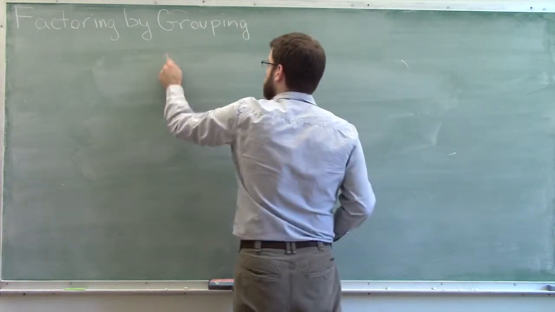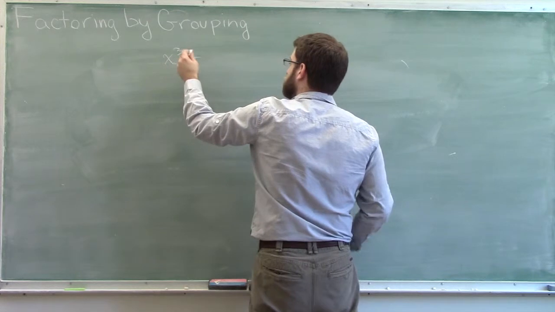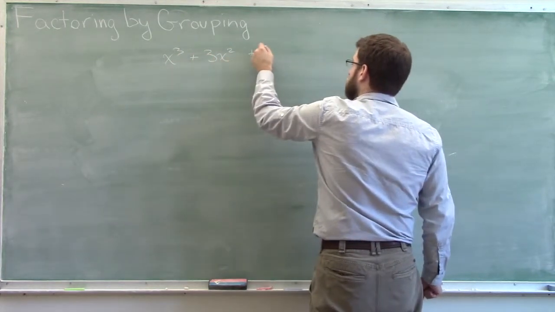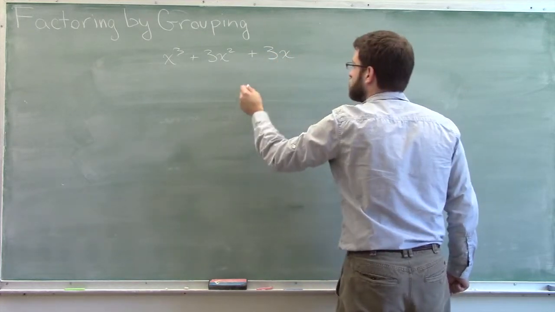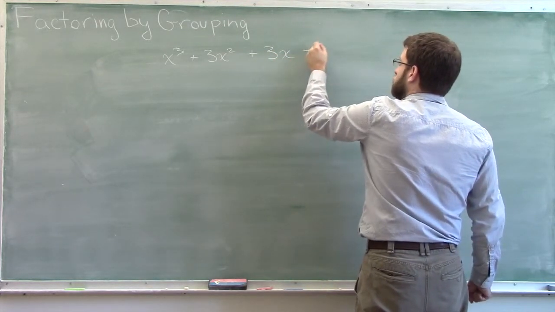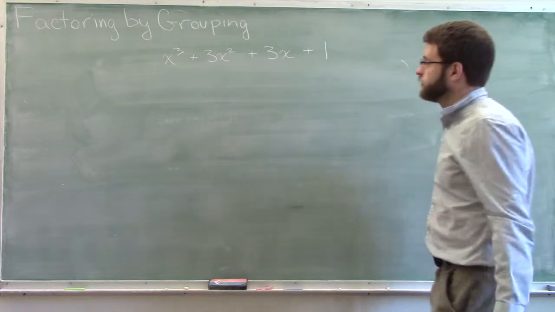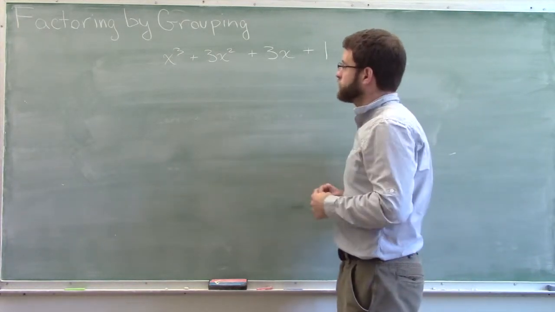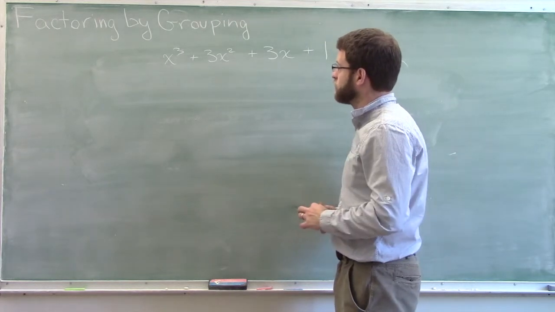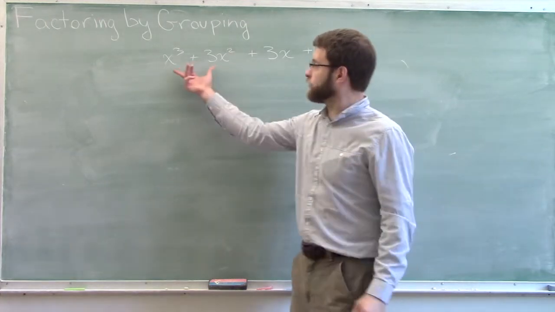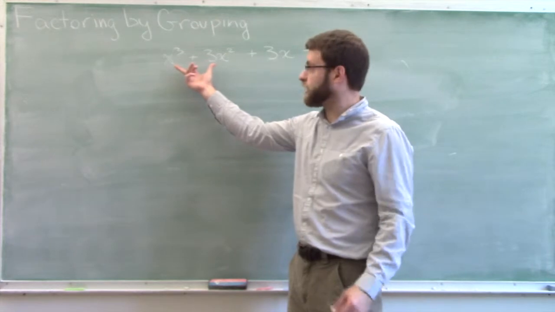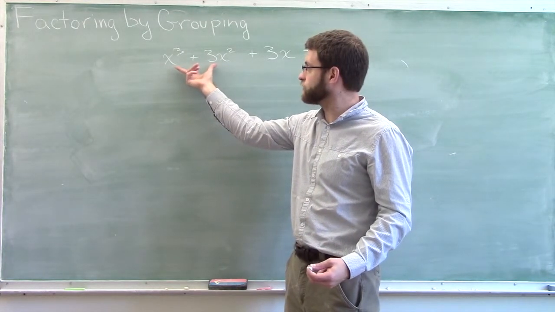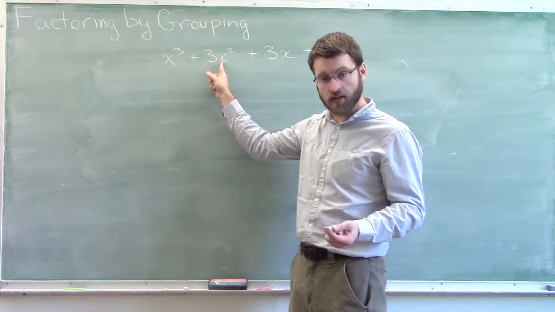So maybe we have x cubed plus 3x squared plus 3x plus 1. Okay? All right, so now if we look at this collection of terms, if I group the first two things together and try to find the greatest common factor of these first two terms, I see that they share an x squared.